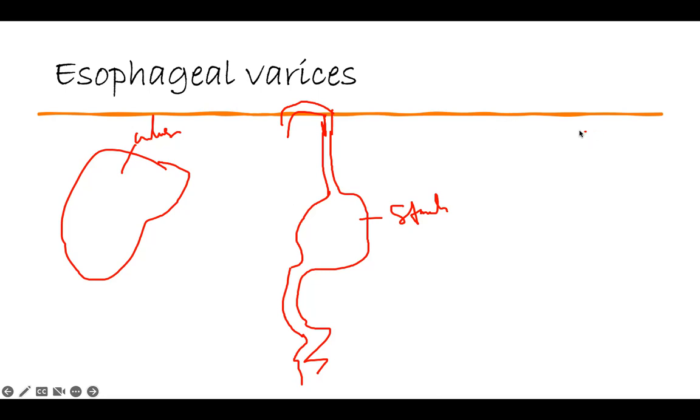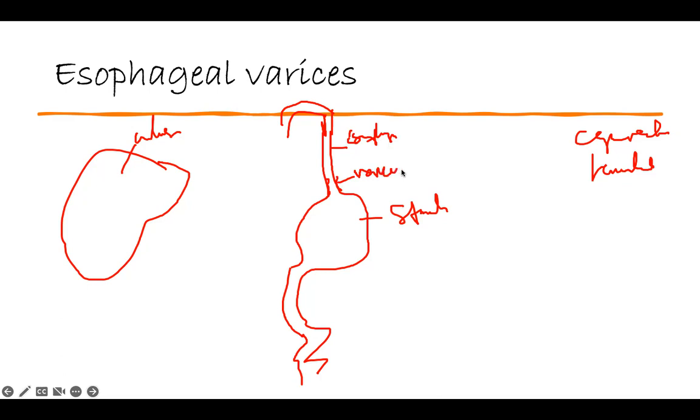We call it caput medusae. And your hemorrhoids also get bigger because the blood cannot go to the liver anymore. There are some vessels near the lower portion of our esophagus. This is your esophagus. They start getting bigger, and that's what we call varices.